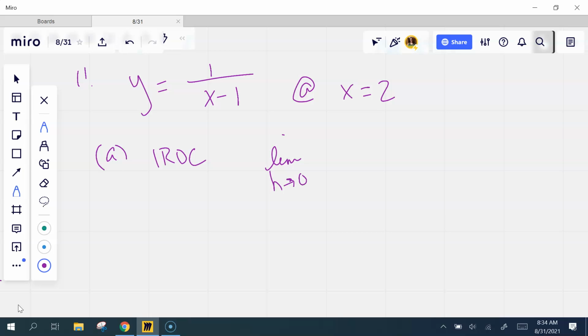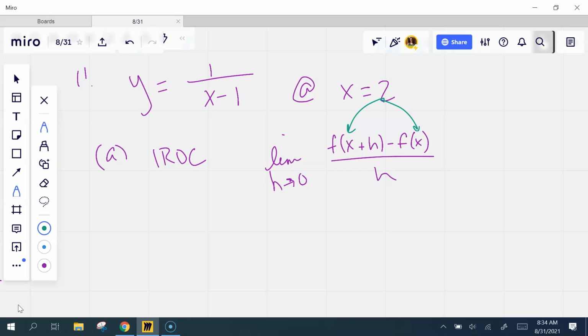Give me the formula. The limit as h goes to 0 of the difference quotient, f of x plus h minus f of x over h. Thank you. I am replacing the x's with 2's because that's what it told me.